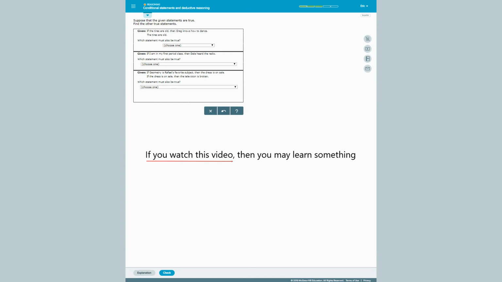We are going to call this P. And this, which I'll change to blue, I guess, is what we're going to call Q. The 3 different statements would be, the first one is P then Q. So if P is true, Q is true.